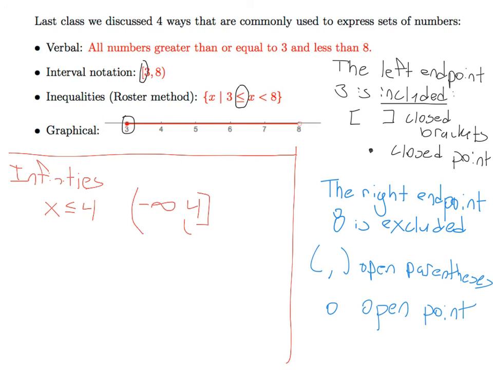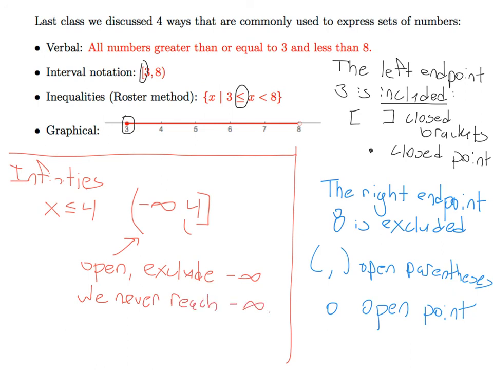And with infinities, either positive or negative, we always use open parentheses since we exclude negative infinity from this interval. We never can reach it. So we don't include it.